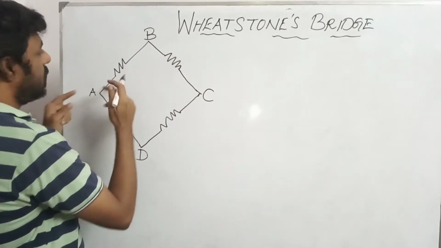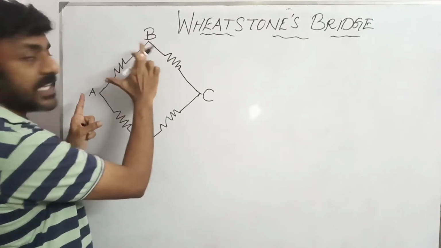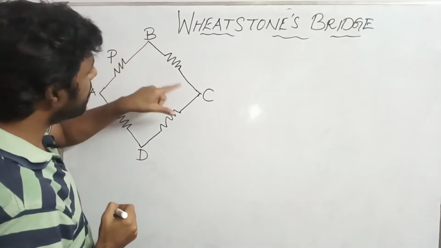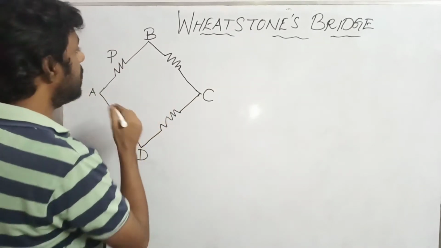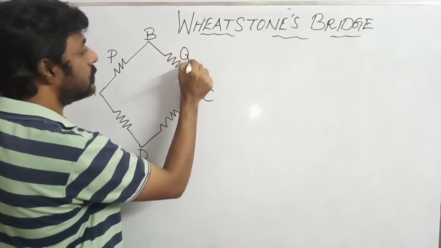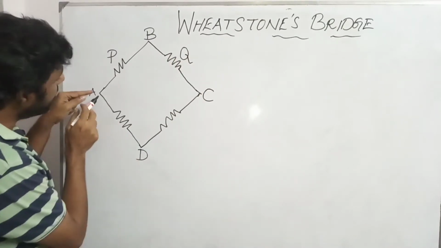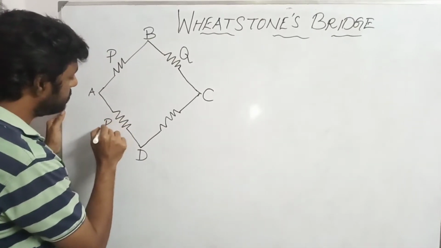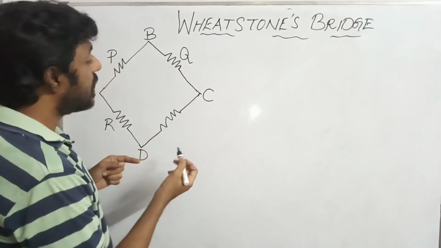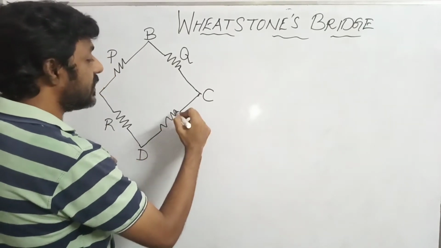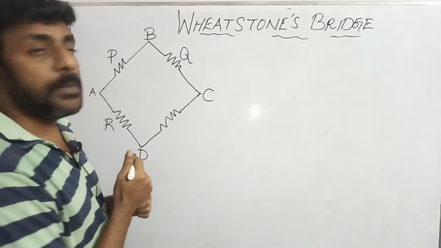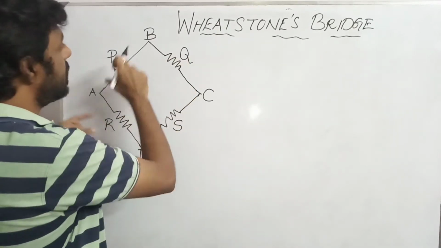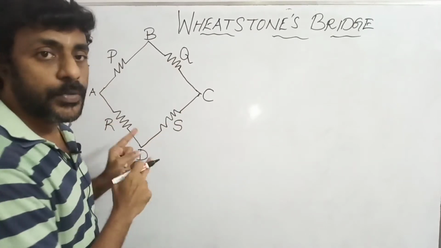Let us assume that the resistor placed in the branch AB is P. Similarly, the resistor placed in the branch BC is Q. And the resistor placed in the branch AD is R. Now the resistor placed in the branch CD is S. Now you have named the resistors connected in individual branches, right?